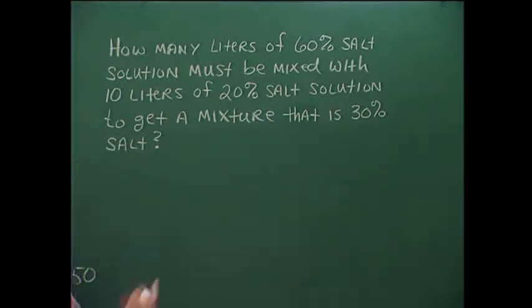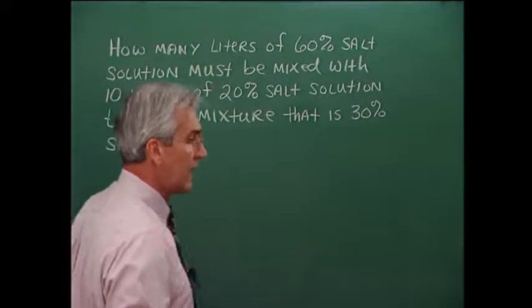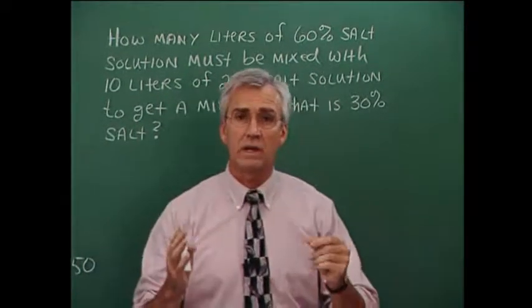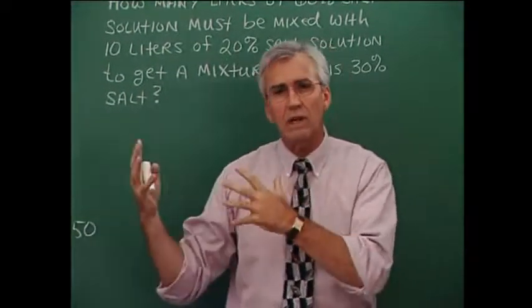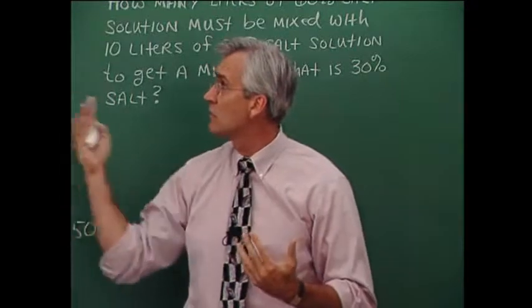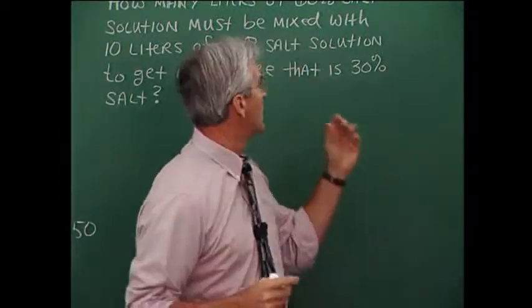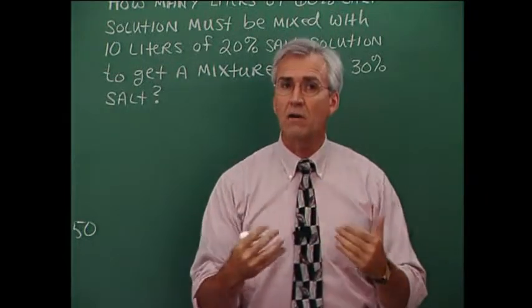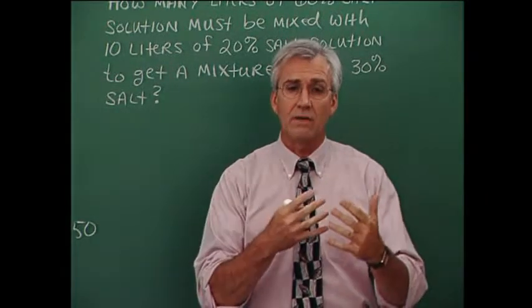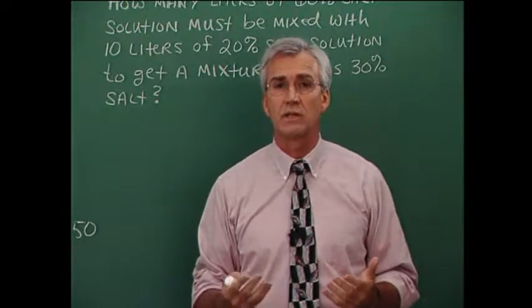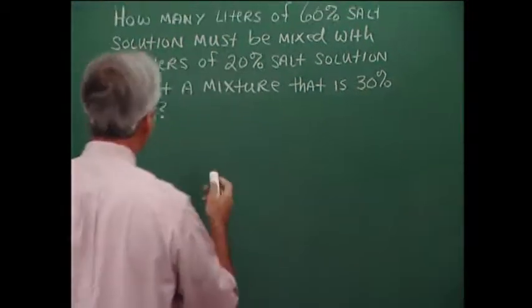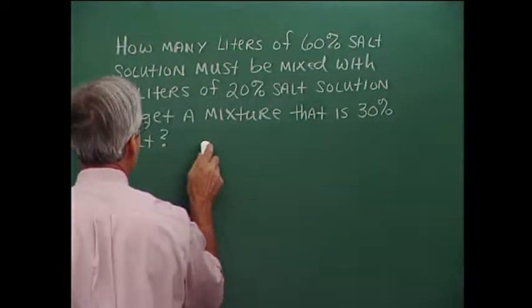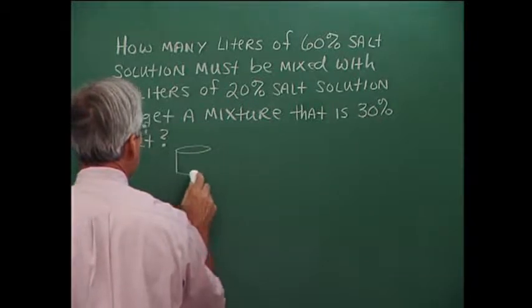You see, so we're mixing things together, and as mentioned before, although we're talking about different kinds of things, we're talking about flours, we're talking about money, we're talking about liquid mixture, the mathematical model is formed by emulating the mixing process. I mean, we really can think about here, we're talking about taking some liquid that's maybe in a beaker.